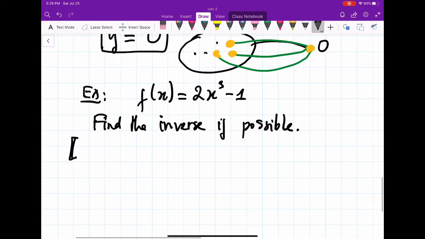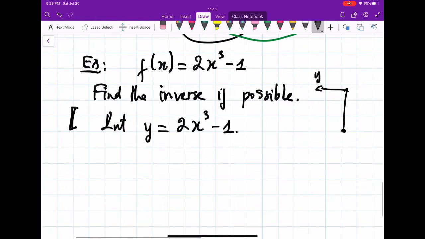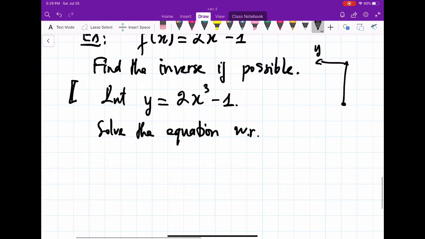So I will put y equals 2x cubed minus 1, because I want to look at this function. As you know, you have an x here, and then you have another point y right here. I hope you remember the picture from the previous example. I try to solve this equation with respect to x.